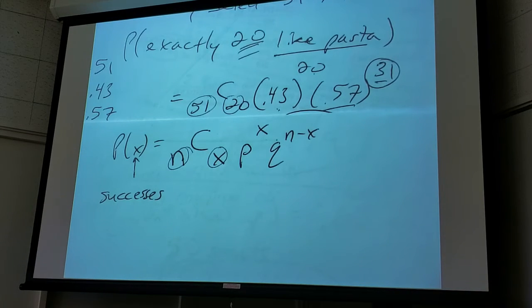That is the official formula, and I haven't even told you the name of this kind of problem yet. Every problem we've done like this so far, they've all had two possible outcomes, yes? A success and a failure. So we call it a binomial probability because we are not creative as a group, mathematicians.